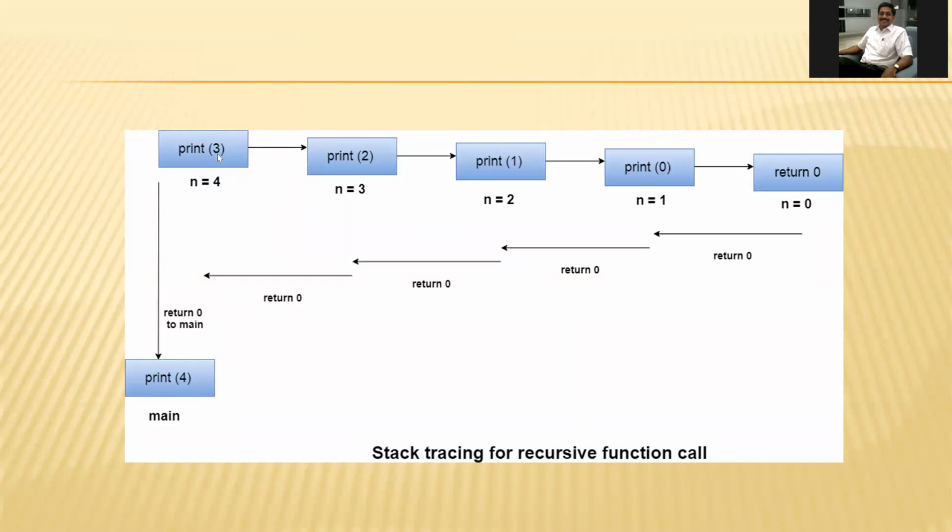So factorial of n, with n equal to 4, then print 3 factorial, then print 2 factorial, print 1 factorial, print 0, and we are returning the 0. In the same way we can return into the main function. So 4 will be stacked, tracking the recursive function calls.